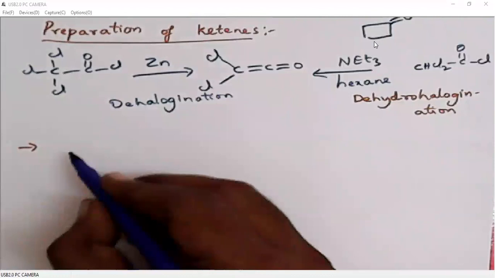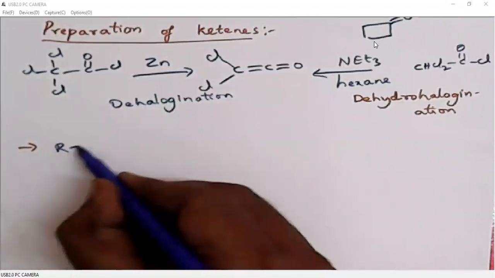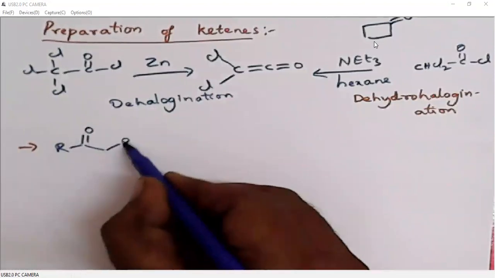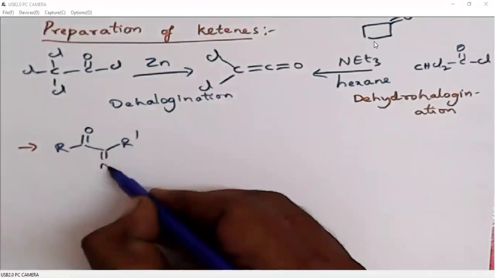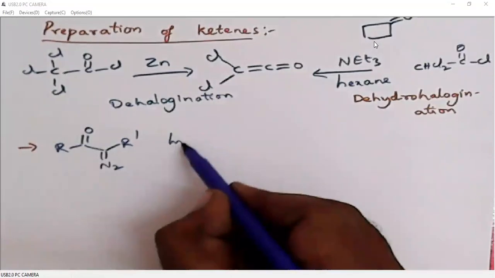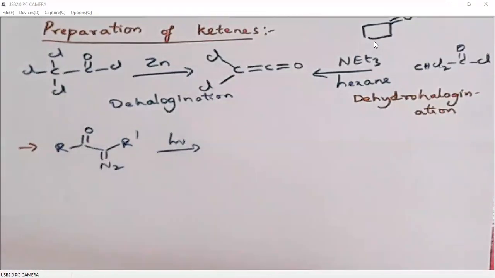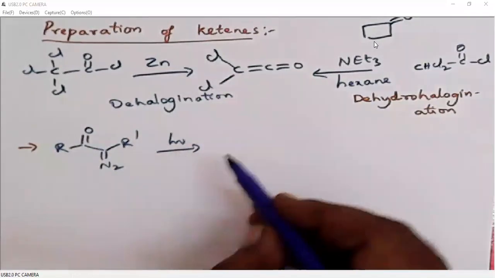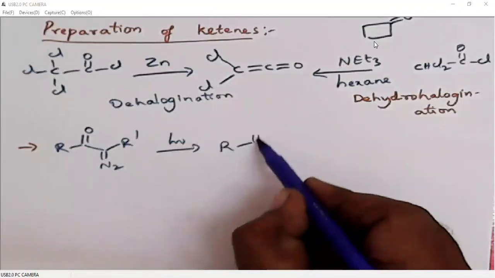Ketene can also be prepared from a carbene. How do we generate a carbene? There are different methods, but a carbene can be easily generated by treating diazomethane under photochemical conditions. So when we treat this diazomethane under photochemical conditions, it generates a carbene.